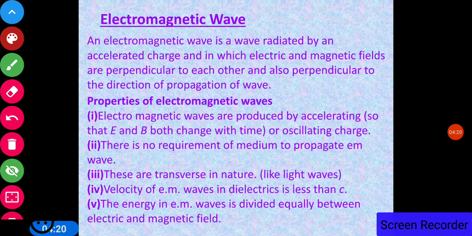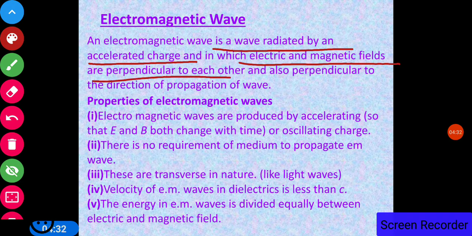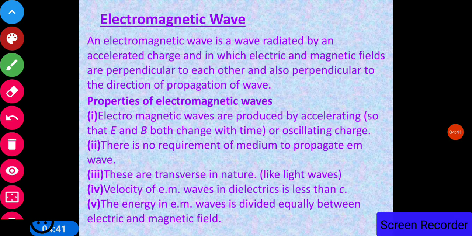Now electromagnetic wave. An electromagnetic wave is a wave radiated by an accelerated charge and in which the electric and magnetic fields are perpendicular to each other and also perpendicular to the direction of propagation of the wave. Such a wave is known as an electromagnetic wave. It is produced by an accelerated charge.